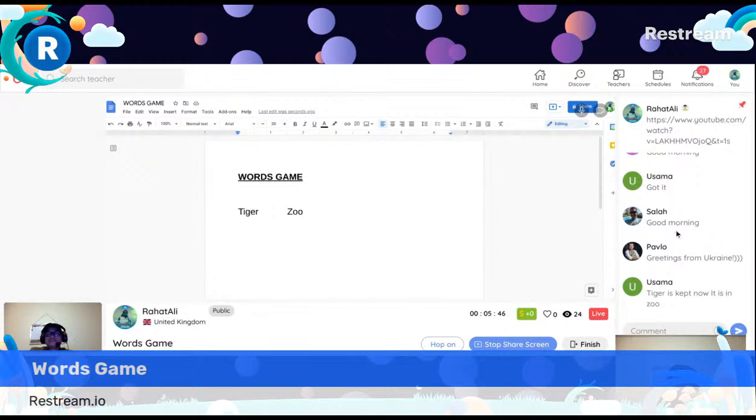Yes, Osama, that's really awesome. Tiger escaped. Now it is in a zoo or in the zoo. Remember, we have to use an article. Or: tiger escaped, now in a zoo. Great. See, this is how we are going to make meaningful, sensible, logical sentences.